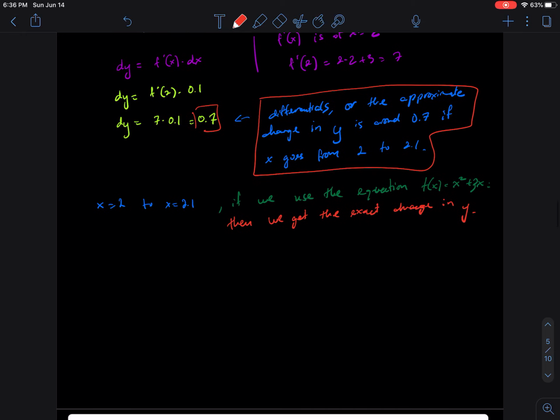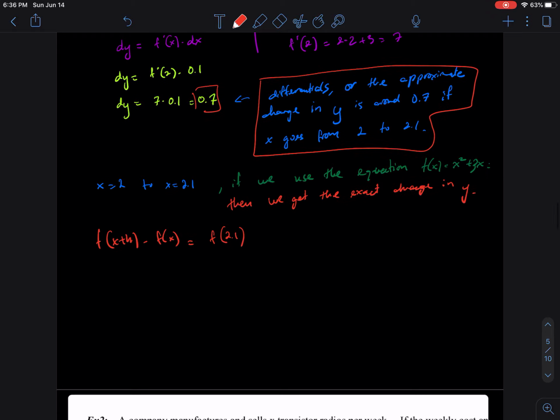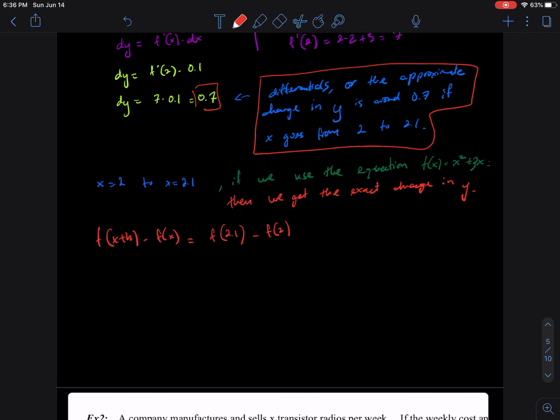Here's the exact change in y. It is f of x plus h minus f of x, and f of x plus h in this case is f of 2.1, because h is the change in x from 2 to 2.1, or dx in this case is 0.1, minus f of 2.